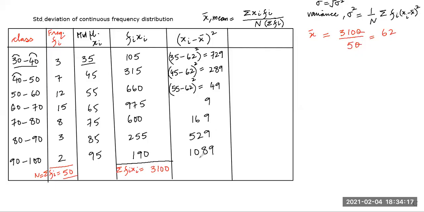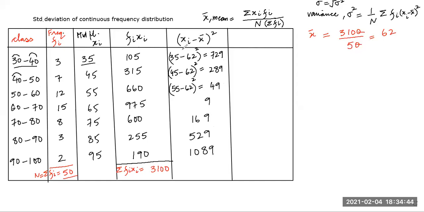So students, you see that we have done xi minus x bar for all the cases, and then we also find the square of that. Now students, see that when I was doing the standard deviation and variance for the simple data, I was doing the addition for all this.